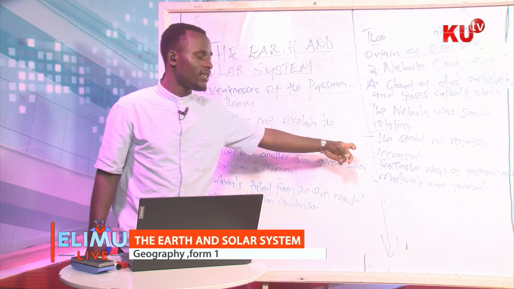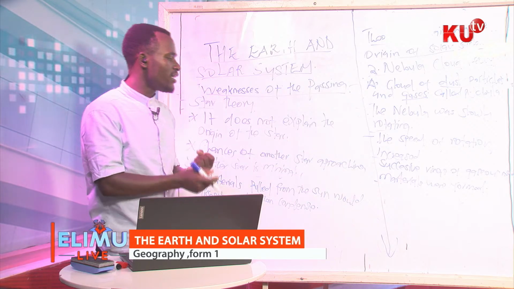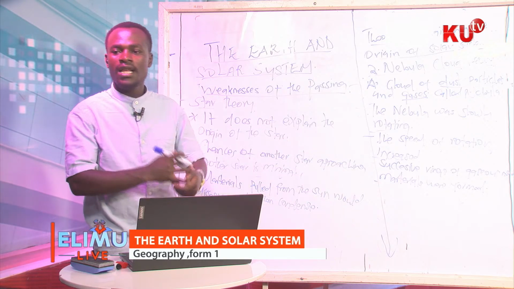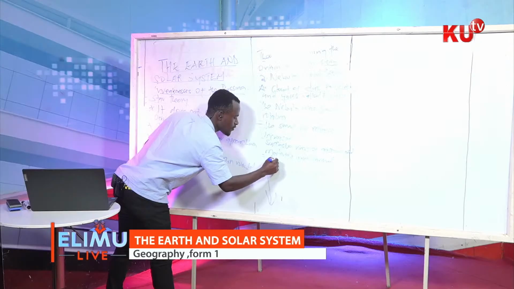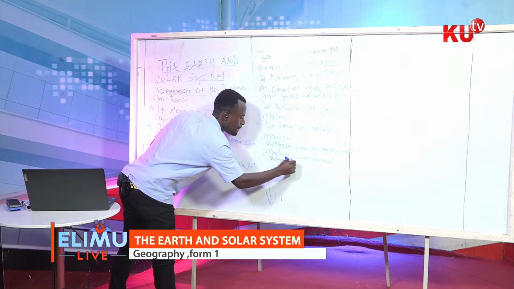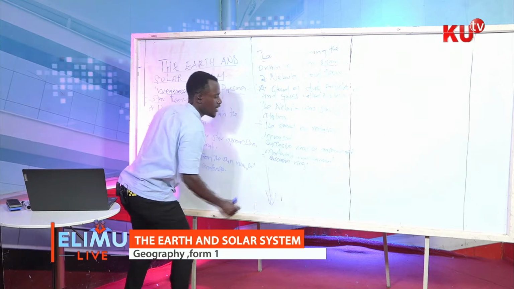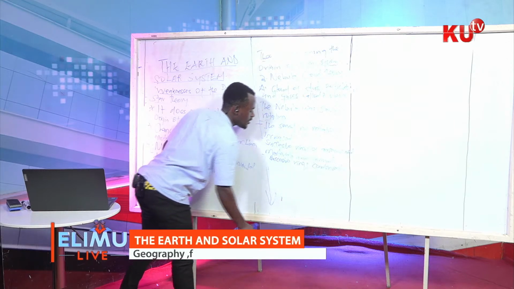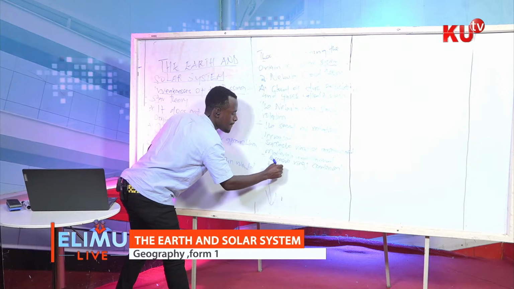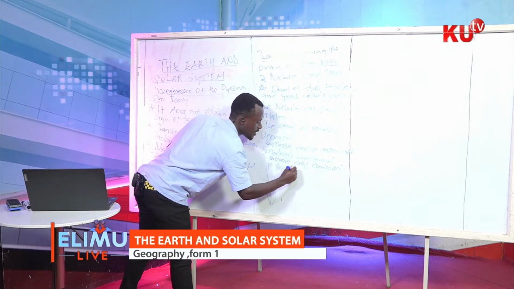Later on, these rings of gaseous materials condensed, and when they condensed, they formed planets.